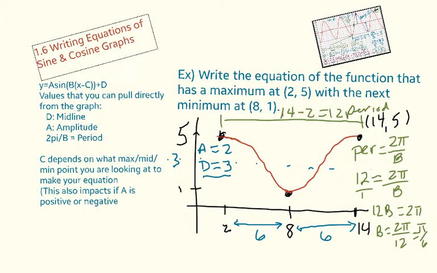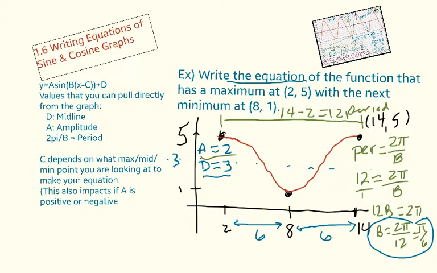So we currently know D is 3, A is 2, and B is pi over 6. From that, we can write our equation. The first point that they give us is this one right here. It's a maximum, so I think the easiest equation to write for this would be a cosine equation. If they just ask us to write the equation of the function, that is just one equation, so I'm not going to worry about writing many more.